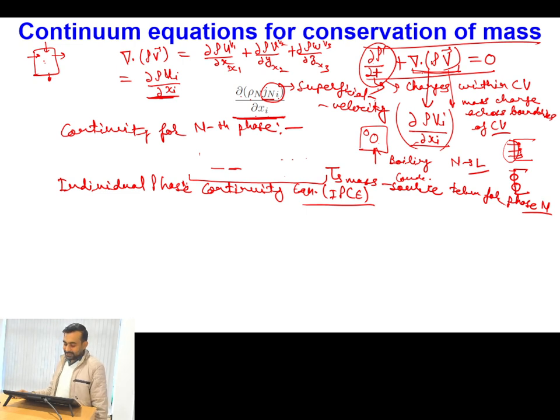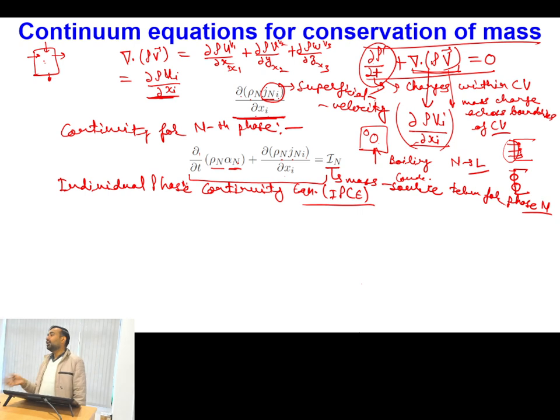And when we are considering that, while writing our continuity equation for multi-phase flow, in the temporal term we write del by del t of rho n into alpha n, where alpha n accounts for the fraction of the volume present in the control volume of a particular phase n.